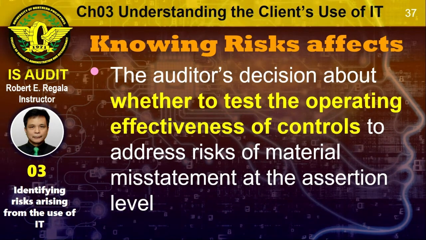For example, when general IT controls are not designed effectively or appropriately implemented to address risks arising from the use of IT, for example, controls do not appropriately prevent or detect unauthorized program changes or unauthorized access to IT applications, this may affect the auditor's decision to rely on automated controls within those affected IT applications.